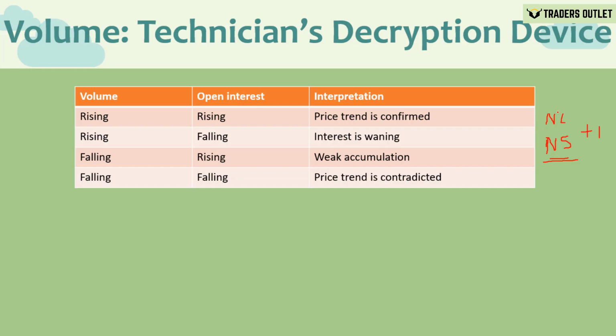It's only the participants, the long and short sides, trading hands. One long market participant is replaced by another long participant, or one short participant is replaced by another short participant. But the number of contracts open to be delivered at a particular time is the same. So the open interest does not change here.